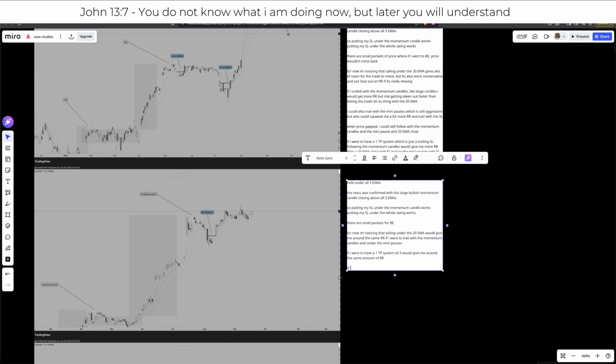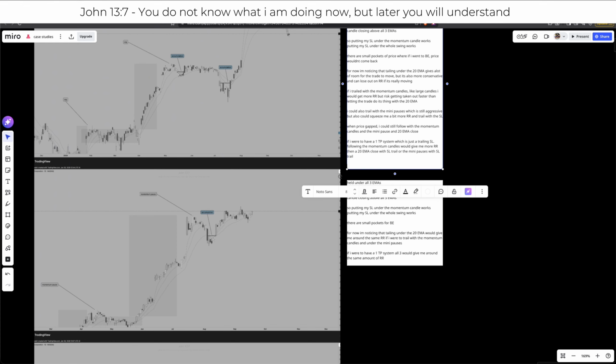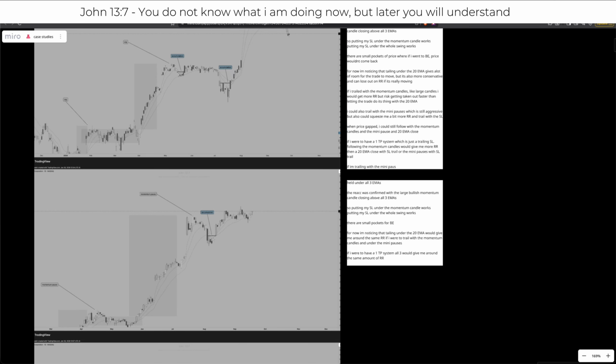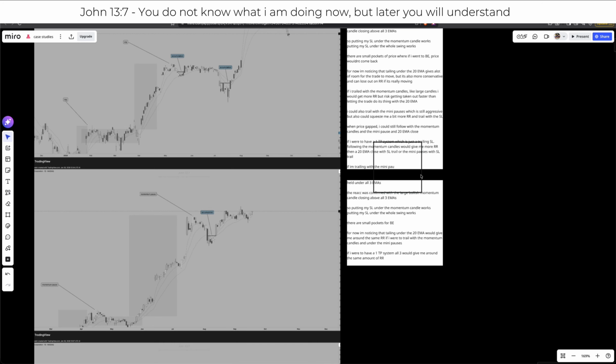If I'm trailing with the mini pauses, I could place my stop loss under the swing if there is a liquidation, or I could place it under the candle low of the candle that validated the pause and continuation.